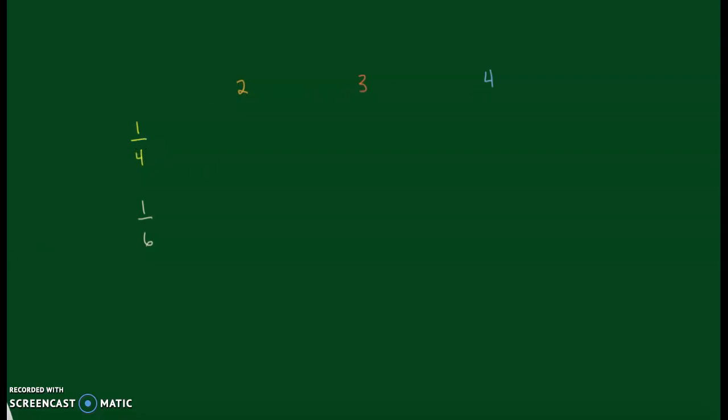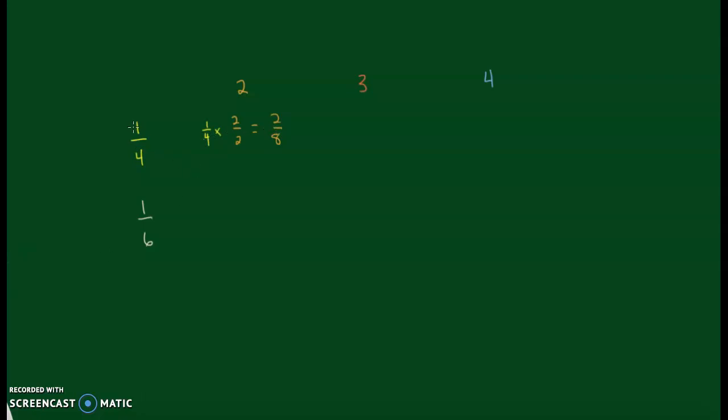So if we start with 1/4, and I'm only going to write this for the first one here. So if we have 1/4 and we multiply that by 2 over 2, so we multiply both the 1 by 2 and the 4 by 2, that's going to give us 2/8. So 1/4 is the same as 2/8.